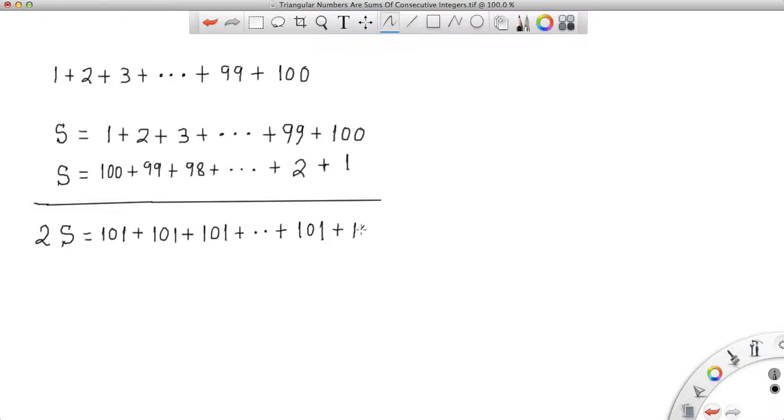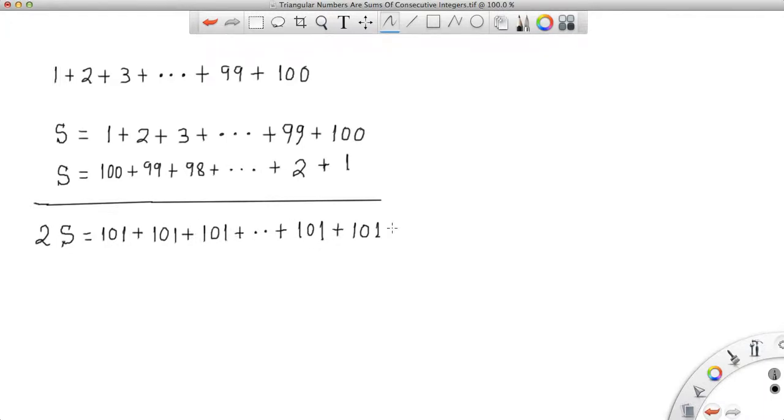And so now that we have this sum of 101 plus 101, it's a repeated addition of the same number. That is multiplication, right? Because we are adding the same number.